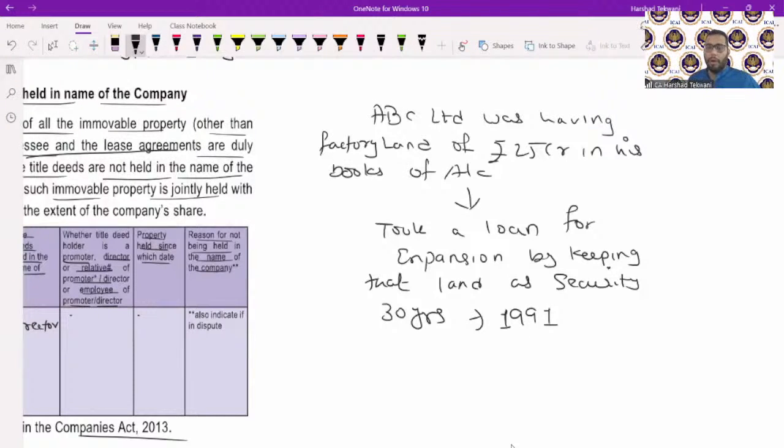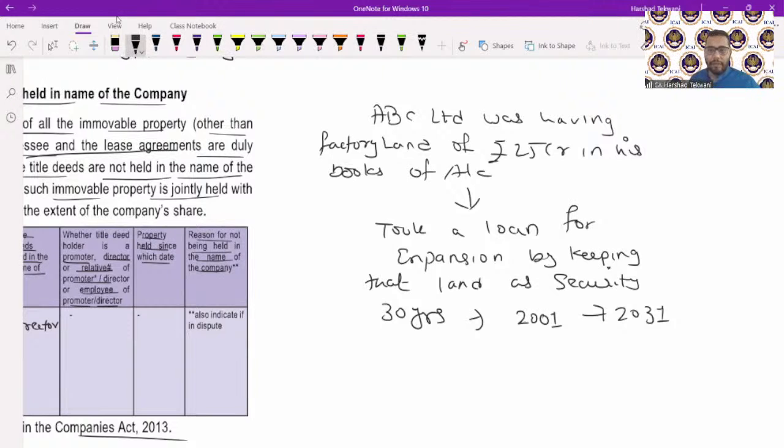So 1991 plus 30 years, 2031 or 2032, whatever it is, the loan will go on till then.